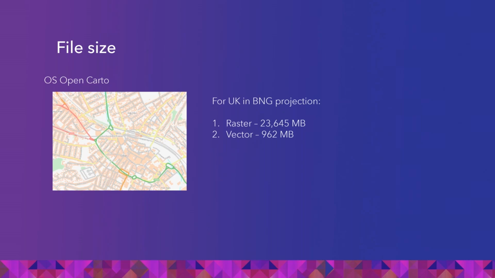And this is crucial because if we want to take this out into the field, disconnected on a mobile device, we can. Not only that, but if we wanted to take a base map for the entire world onto a mobile device, in vector format, again, we could just about do that. Whereas in a raster format, we wouldn't stand a chance.